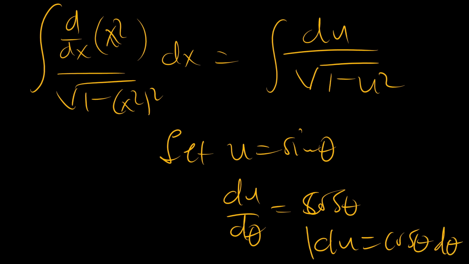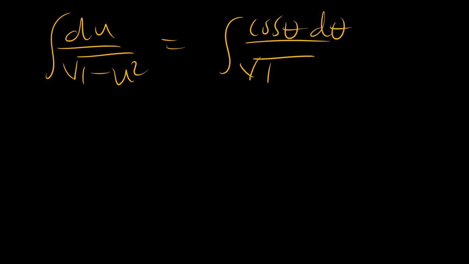So we use this substitution, and we have the integral of cosine theta d theta over, since u is sine theta, the square root of 1 minus sine squared theta.